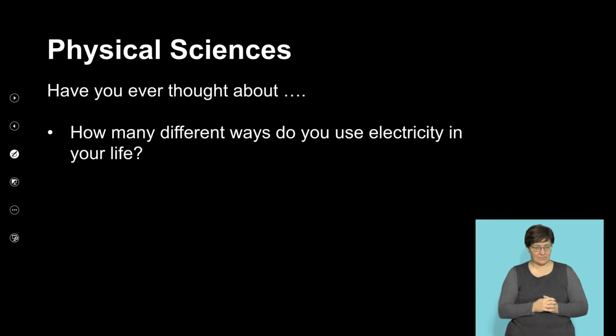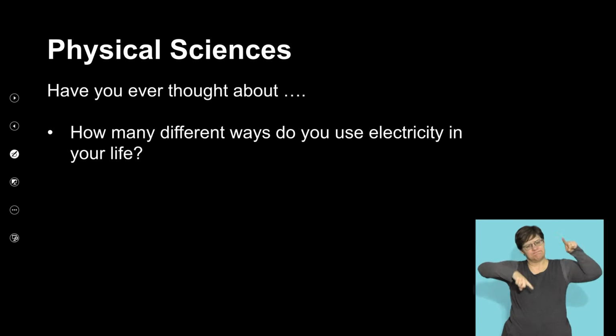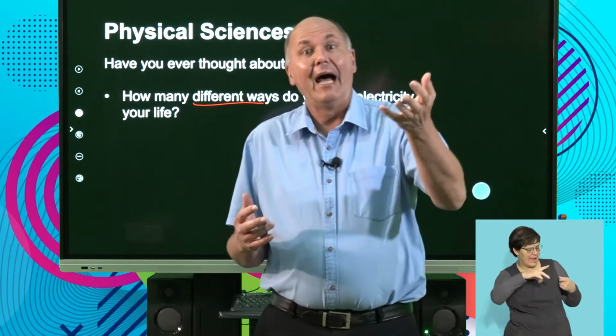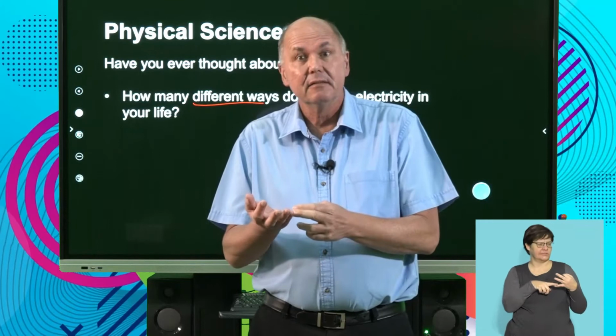So when we talk about electrodynamics, the one thing we need to start with is to consider how many different ways that we use electricity. You could think about that and say, well, there's lighting, there's heating, but you know what?